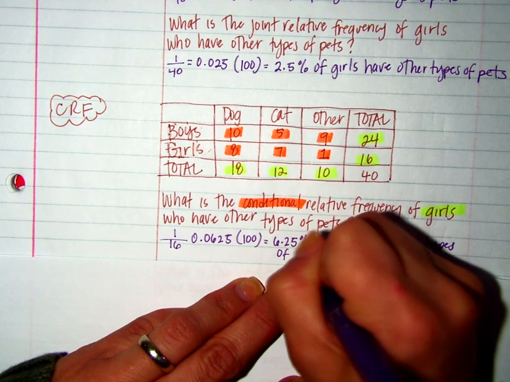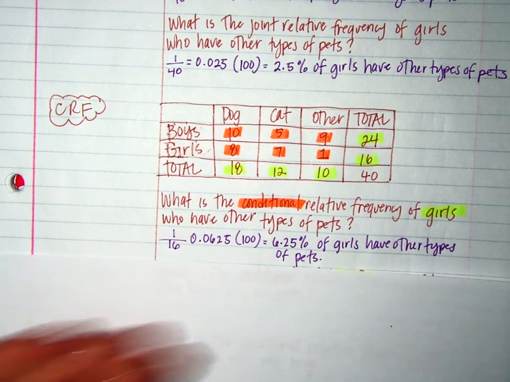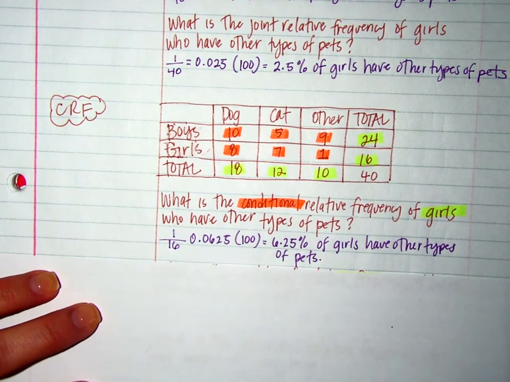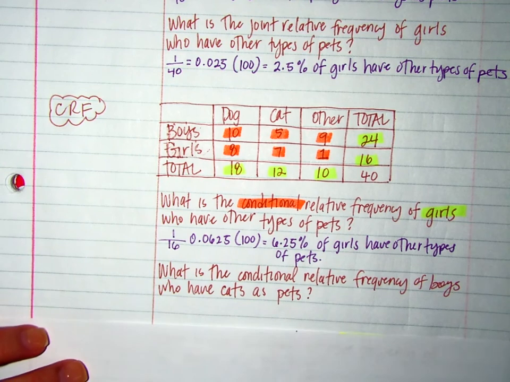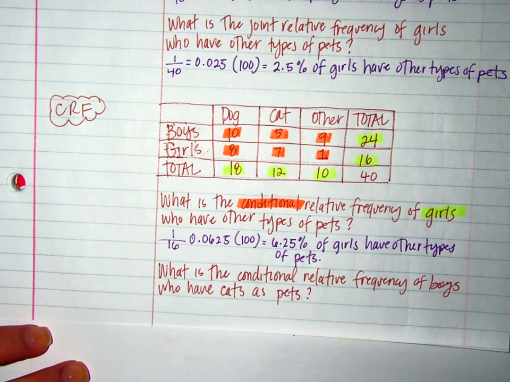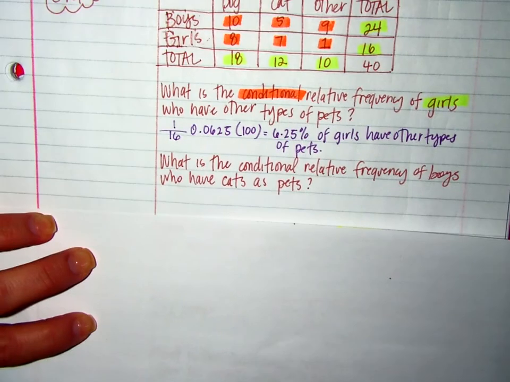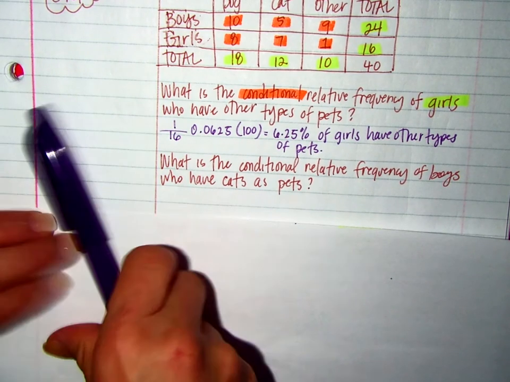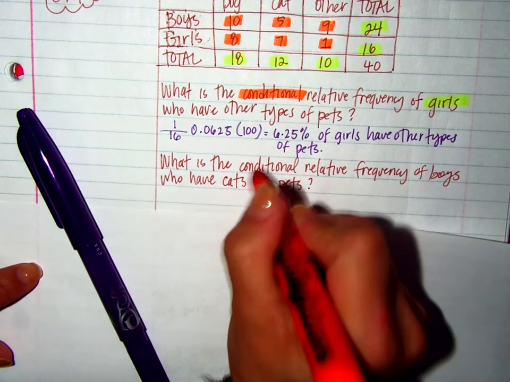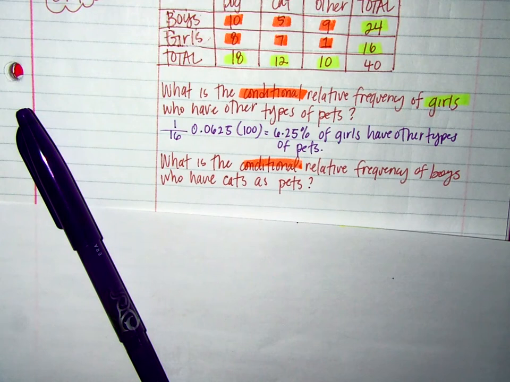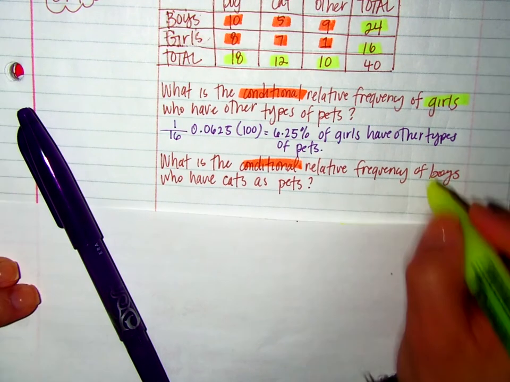Okay? So I'm going to give you the next problem here, second to last, I'm sorry. In this one we have, what is the conditional relative frequency of boys who have cats as pets. So again, we have a condition. The condition is boys. Boys is the first category that we mentioned.